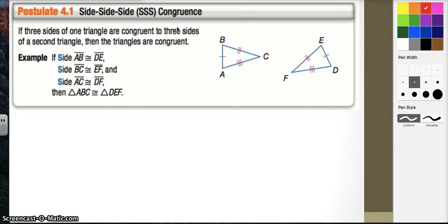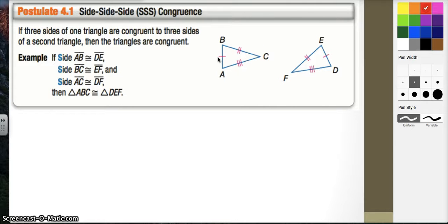So it's called the SSS congruence, and what it basically tells us is if I have two triangles and I can prove that each of their three sides are congruent to each of the three sides in the other triangle, then I know for a fact that not only are those sides congruent, but those triangles are congruent as well.